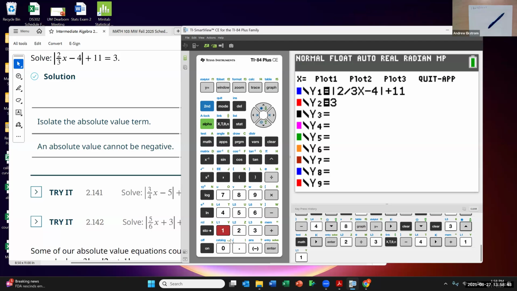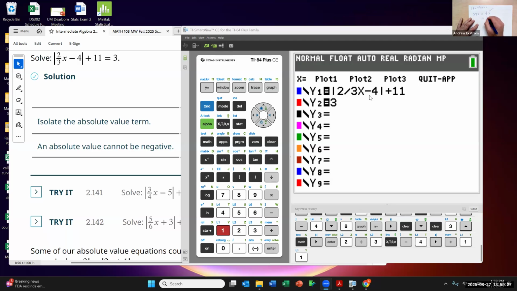Now, a couple things can actually happen here. And to be honest, I don't know what's actually going to happen, but let's see what happens. The way that I've got this written in here, the calculator can interpret that one of two different ways. The way that it's written in the calculator, 2/3x, it might interpret it like this, which is what we want.